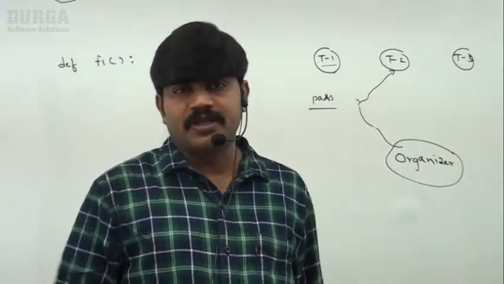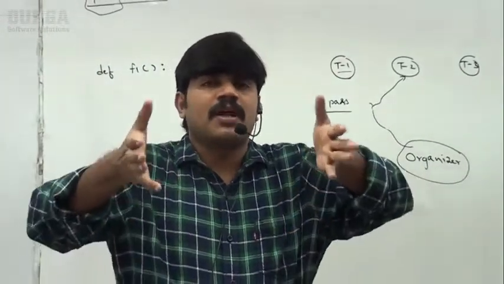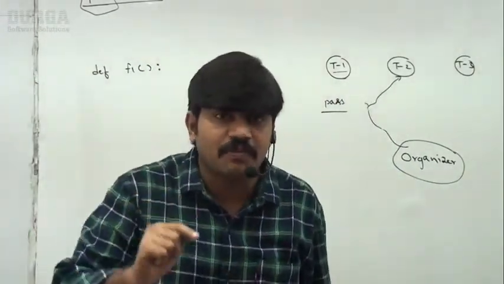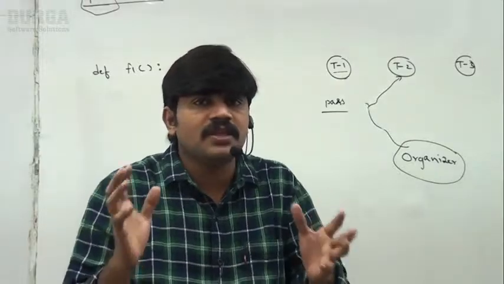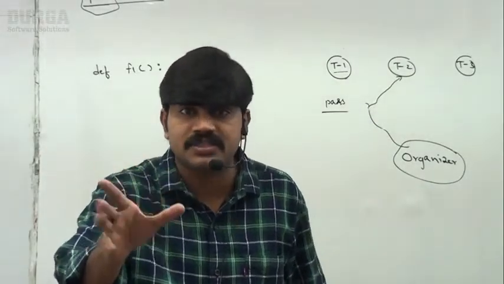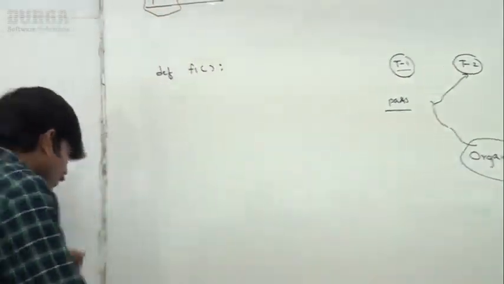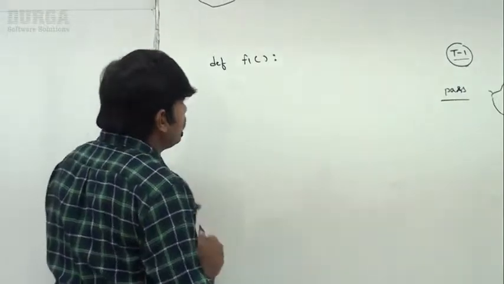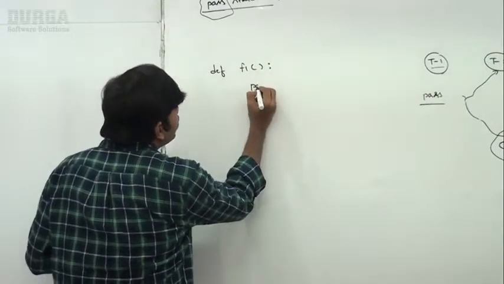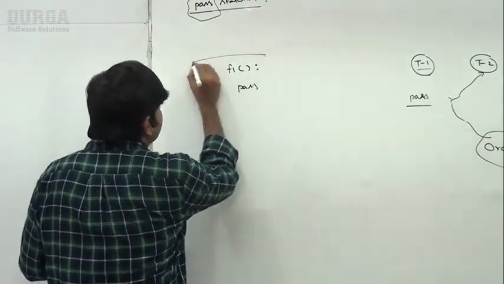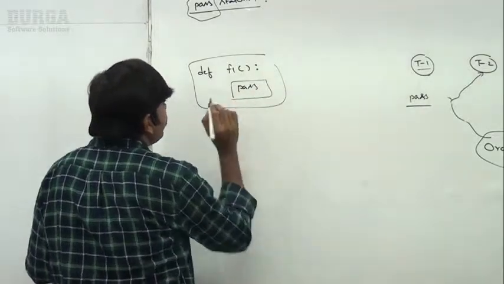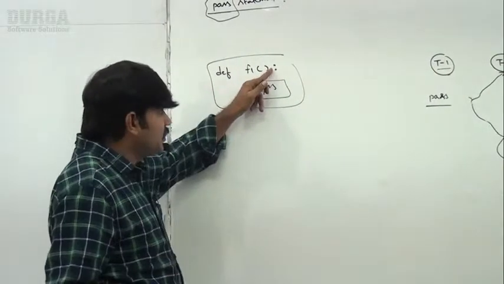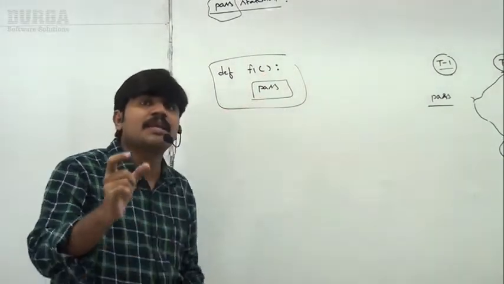Pass is a keyword in Python used wherever an empty block is required. In such cases we replace the empty block with the pass statement. To make this syntactically valid, we write pass. Now pass becomes the body of this function, which is nothing but an empty block.